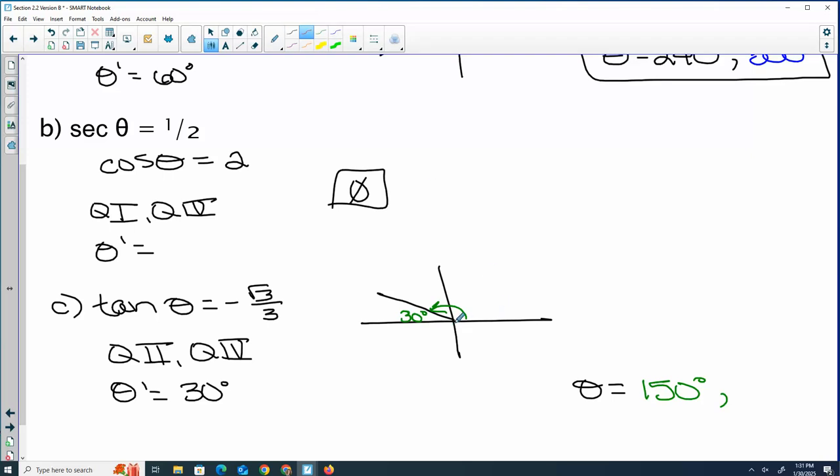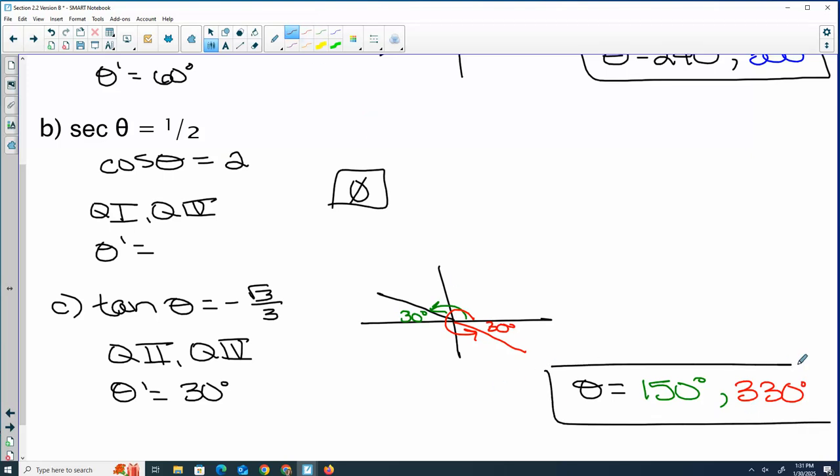I'm in quadrant 4, and this is 30 degrees. Then the actual angle would be 360 minus 30, or 330 degrees. Any questions there?